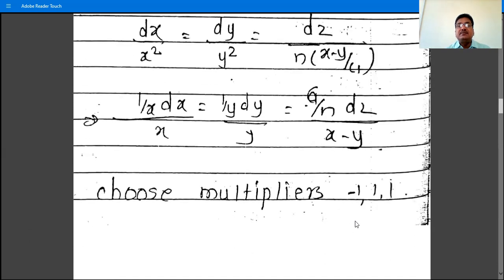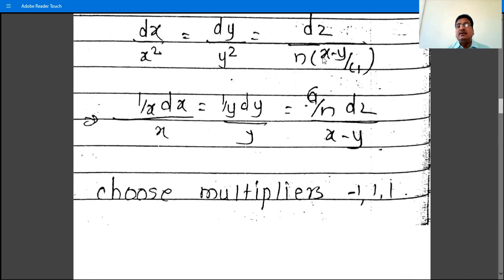choose multipliers minus 1, 1 and 1. So the simplification of this differential equation is what? 1 by x dx; shifting this x to the numerator, we have 1 by x dx, 1 by y dy, and 1 by c1 by n dz.